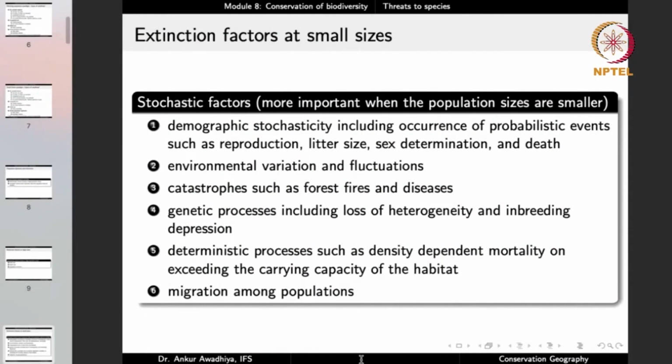Then we have migration amongst populations. In a large population, if a few animals migrate out, nothing big is going to happen. But in a small population, if a few animals move out, the population may become extinct, especially when animals of a particular sex move out.